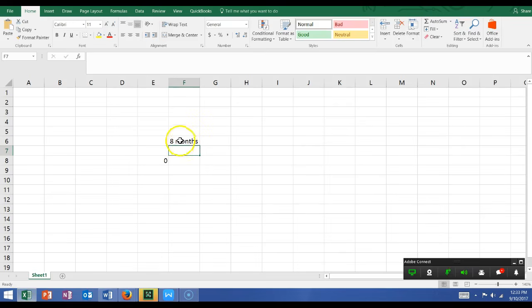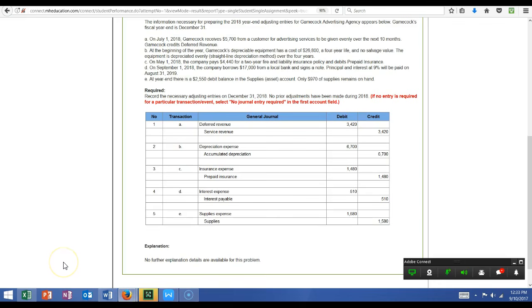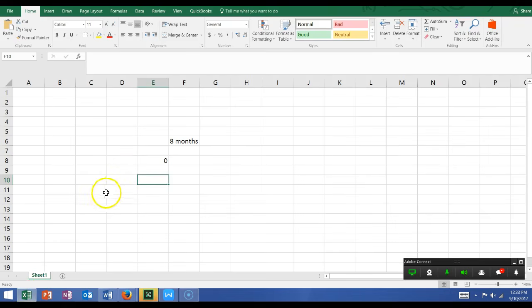So if we take, now I forgot the amount. The amount is $4,440. So $4,440 over 24 months.